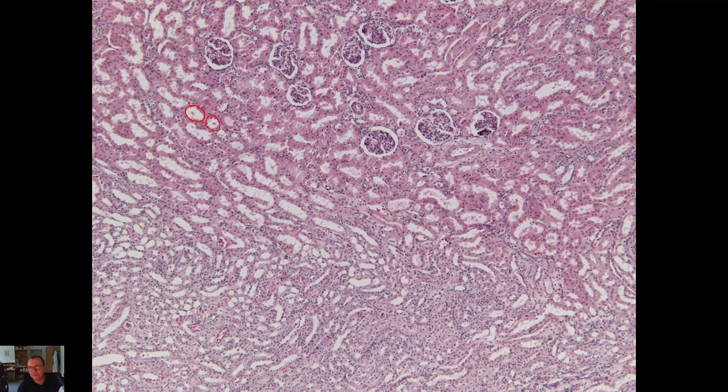That means their shape is spherical, but they can also be longitudinal sections. That means there are long profiles of these tubules, and these tubules are everywhere.